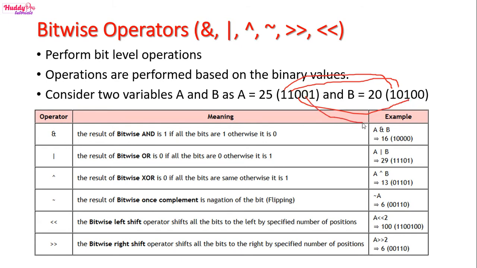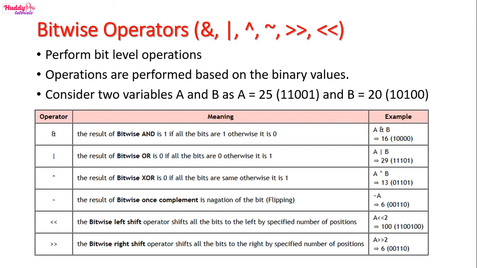What about this 0 and a 0? Still 0. And what about this 1 and a 0? Still we get a 0. So that's how we arrive at 16 in decimal and 10000 in binary. So that's how the bitwise AND works.